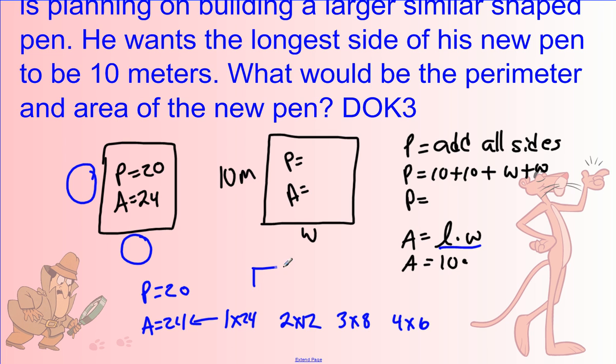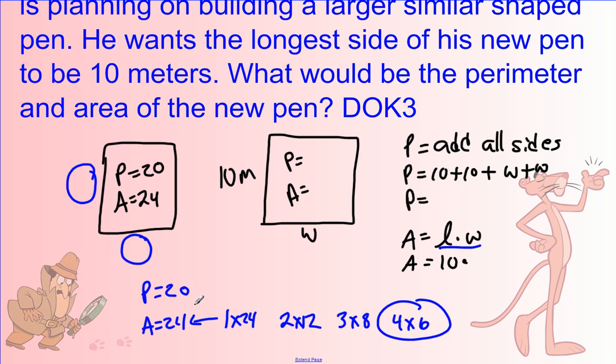6 and 4. 4 and 6, or the other way around. 4 plus 6 is 10. 4 plus 6 is another 10. 10 plus 10 is 20. There we go. I found which dimensions give me a perimeter of 20 and an area of 24.